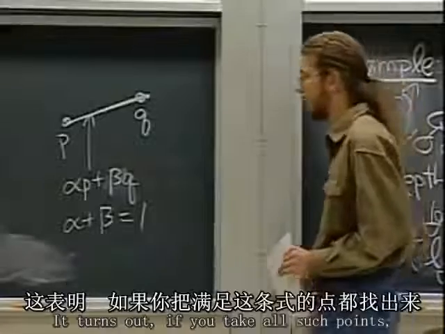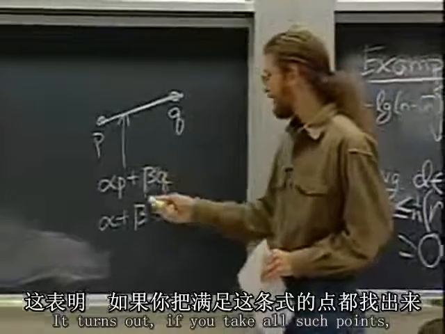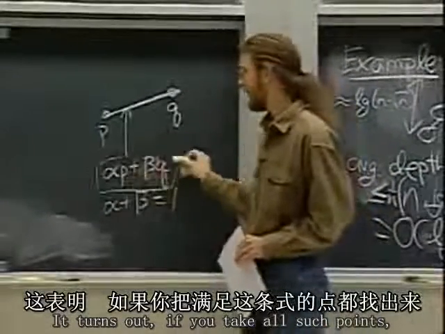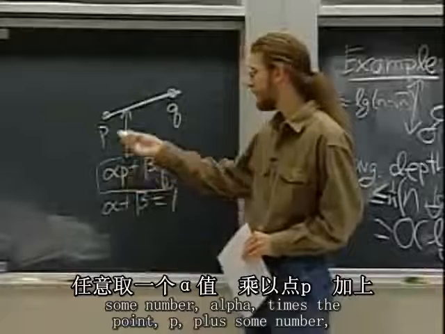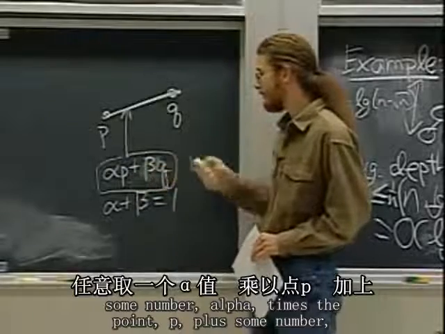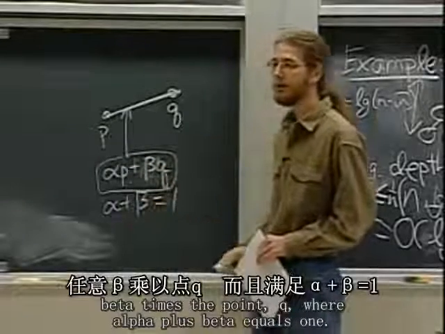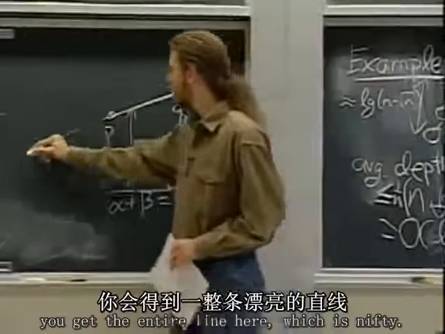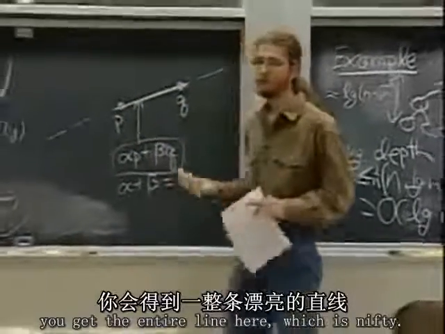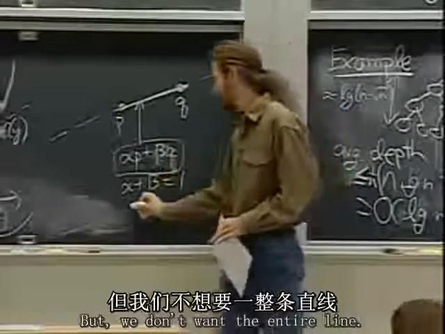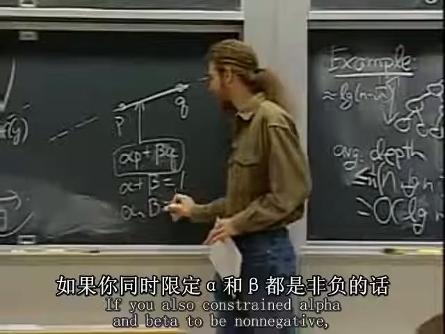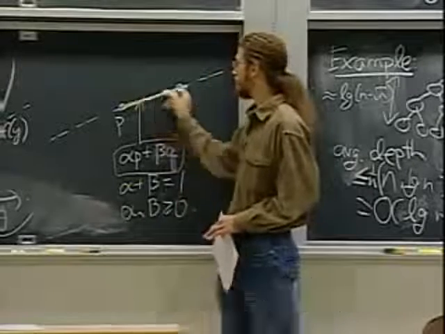Okay? It turns out if you take all such points, some number alpha times the point P plus some number beta times the point Q, where alpha plus beta equals 1, you get the entire line here, which is nifty, but we don't want the entire line. If you also constrain alpha and beta to be non-negative, you just get this line segment.